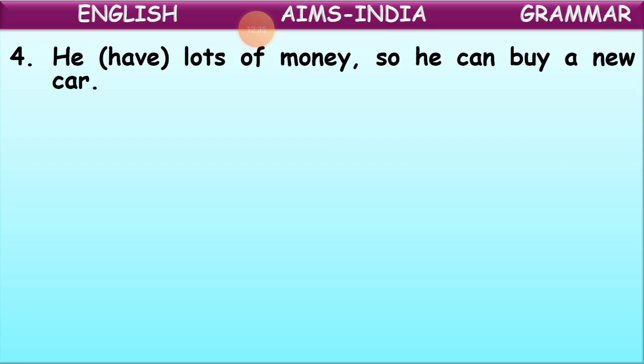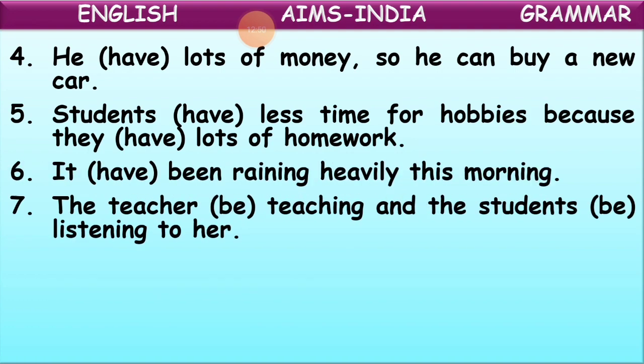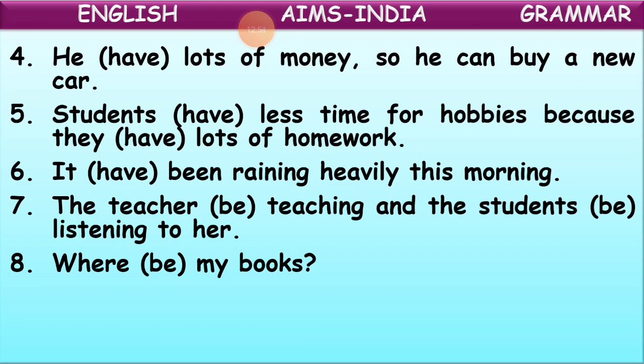He have lots of money, so he can buy a new car. So before the exercise, we have changed the be verb. Here you are having the have verb, okay. And for have, what did I say, children? You have three forms: have, has and had.